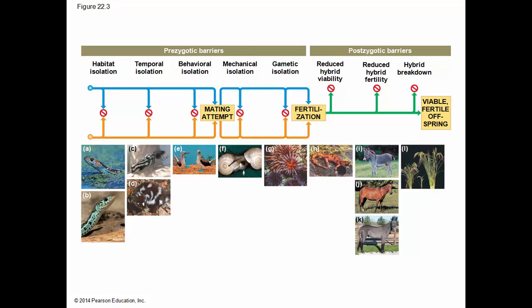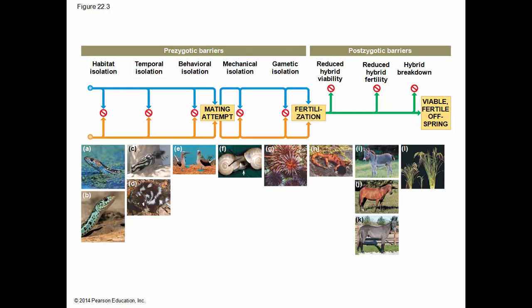We'll talk about this more later, but some plants develop problems with what's called a non-disjunction event, which means that the gametes have more chromosomes than they normally would, and those sometimes can produce viable hybrids that produce offspring.